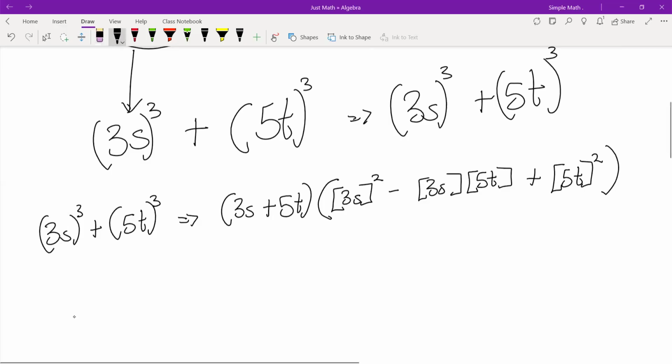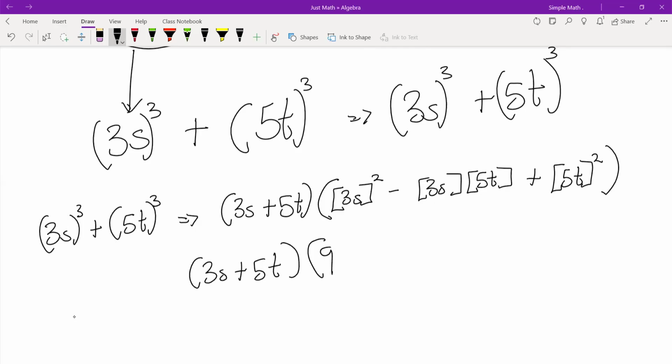So from there, we can now continue. So this is still going to be (3s plus 5t), and then open all the brackets. So 3 squared is 9. s squared is s squared, minus 3 times 5 is 15. s times t, st, since they are alphabets, just put them together. st plus 5 squared is 25, and then t squared is t squared.